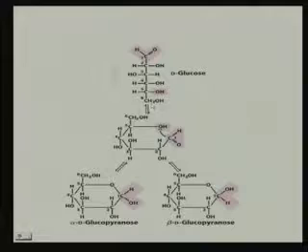It means that if this is the glucose structure, this is the first carbon, which is the aldehydic group, the carbonyl carbon, and I told you that first carbon and 5th carbon can form the ring-like structure.